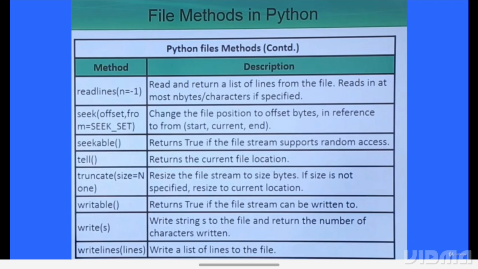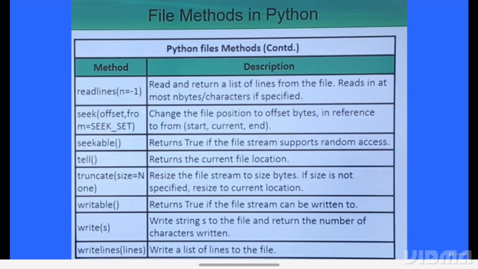Next one is tell, which returns the current file location, that is, the location the file pointer is pointing to. Truncate(size=None) resizes the file stream to size bytes, and if the size is not specified, it resizes to the current location. We have writable, which returns true if the file stream can be written to.